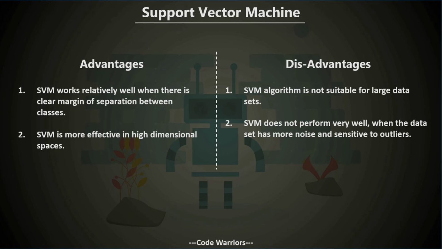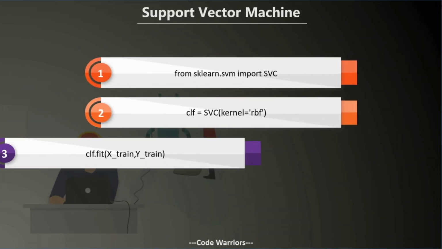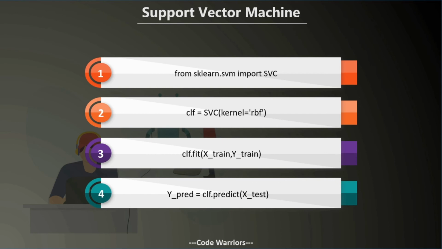Now that was all about the support vector machine. Now we will try to understand how to implement this in code. First we import the support vector classifier from the SVM package, which contains both support vector regression and support vector classification, but it's mostly used for classification.